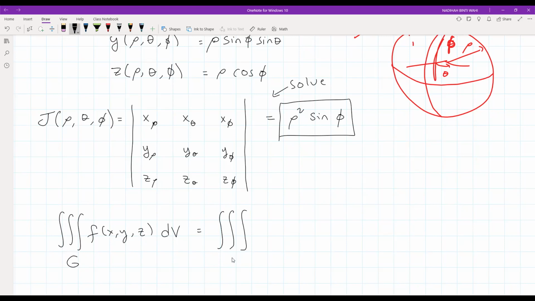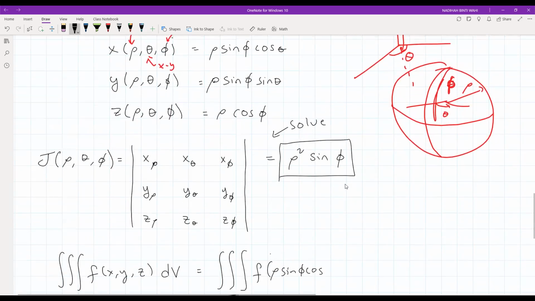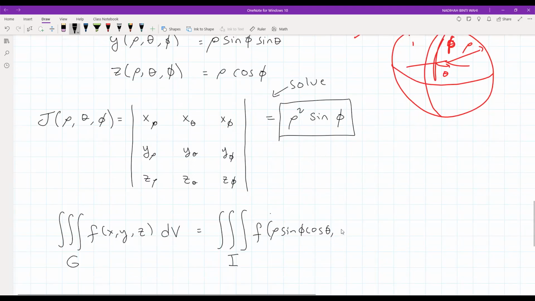I want to use big I, and then it will be f in terms of rho sine phi cosine theta, and then rho sine phi sine theta, and then rho cosine phi.